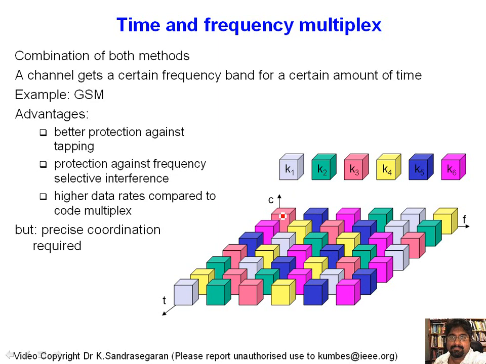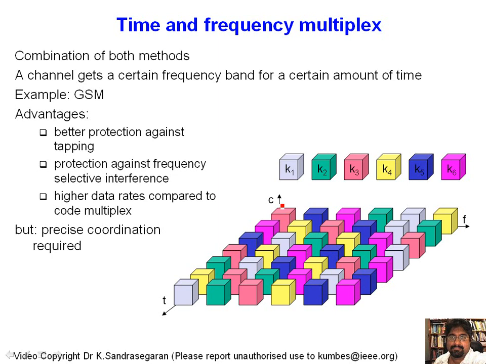So here we've got a number of carrier frequencies, each one of these corresponds to a carrier frequency, and along this way corresponds to instances of time. Remember, this axis is the time axis. So this could be time slot 1, time slot 2, time slot 3, and so forth.